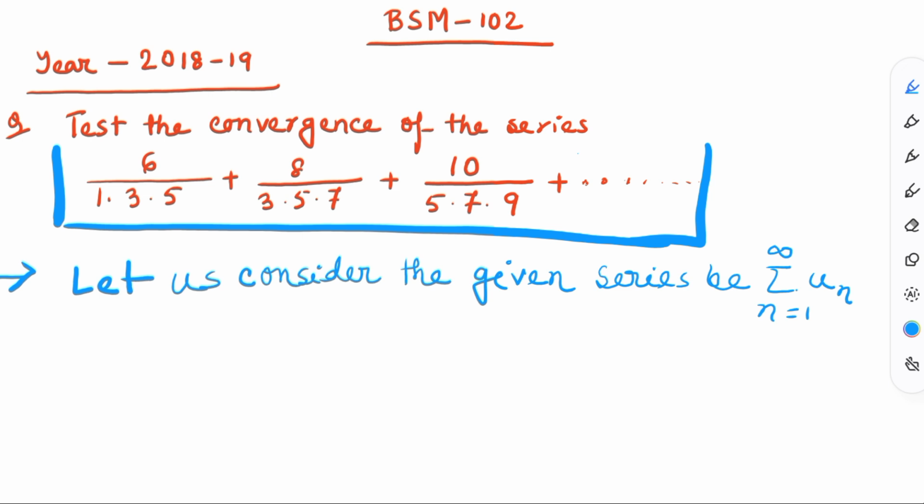See, this is an infinite series. We denote this series by summation n equal to 1 to infinity un, where un is the nth term of the series.